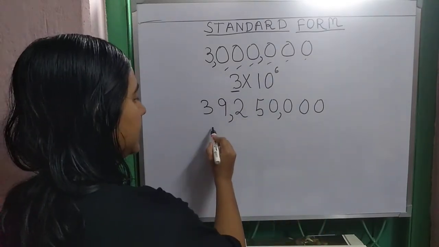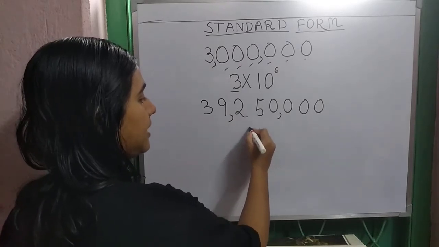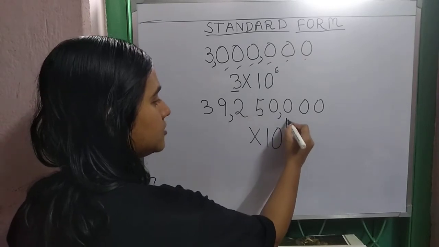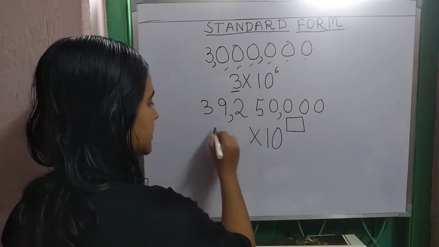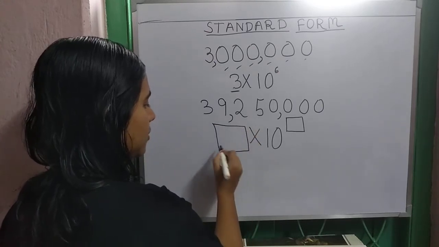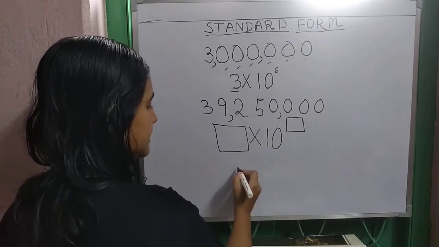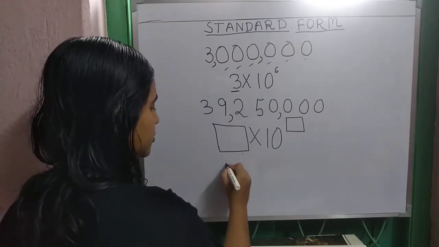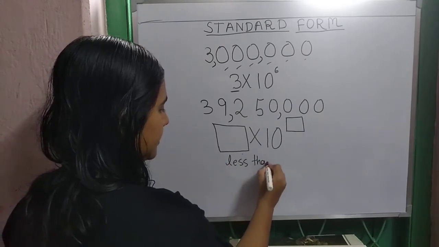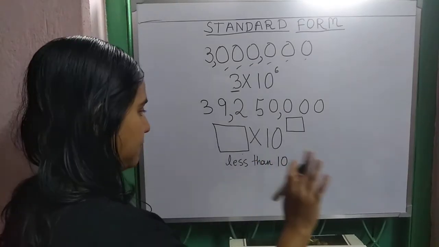So we have to make a number which is less than 10 and multiplied by 10 to the power something. So we have to fill these two boxes by using an exponent. This number you have to remember, this should be less than 10, but this can be any number.